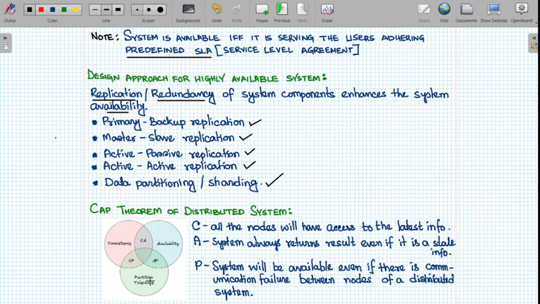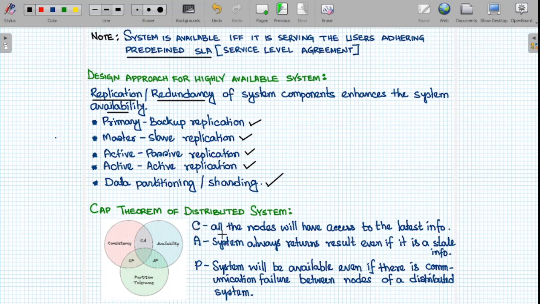In such cases, our system will not be partition tolerant. We can have availability as well as partition tolerant system. However, for such systems, consistency will be compromised. Otherwise, we can have consistent as well as partition tolerant system, but those systems will not be highly available anymore.